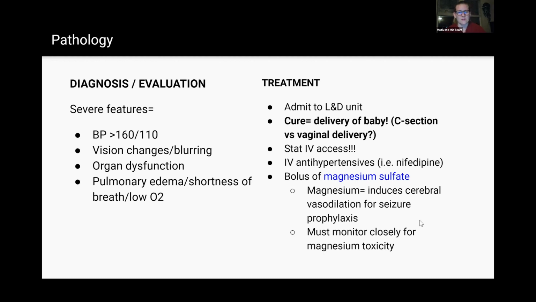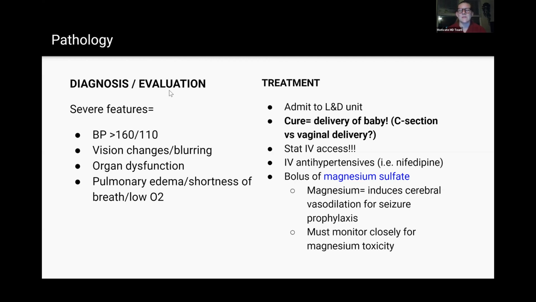Any questions about treatment for preeclampsia right now? We kind of have this flow chart, are they stable or are they not stable? If they're not stable, you hospitalize them, you get them these IV drugs. I guess I didn't really make it super clear, but our patient at this point, because she doesn't have severe features, she would be a stable patient.